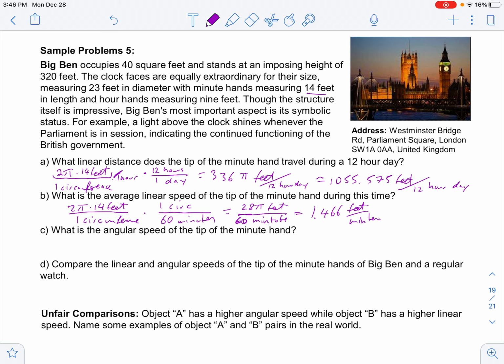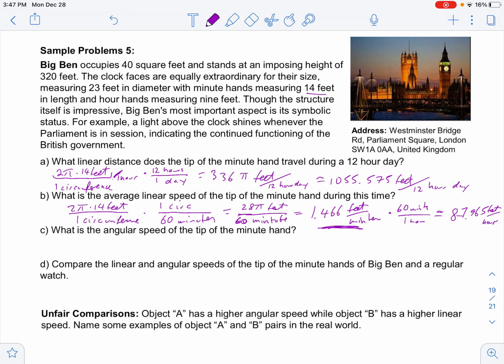By the way, if you wanted to do it by hour, so this is a correct answer, if you want it by hour, we would multiply it by 60 minutes per 1 hour, and we would get, therefore, 87.965 feet per hour.